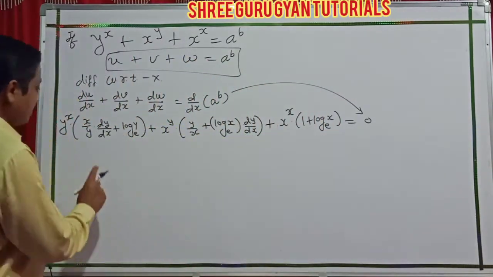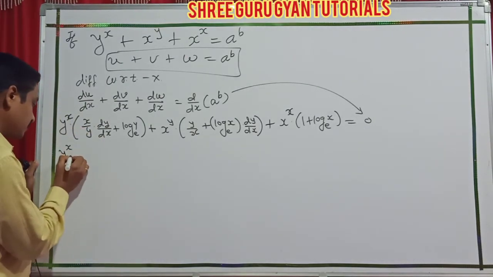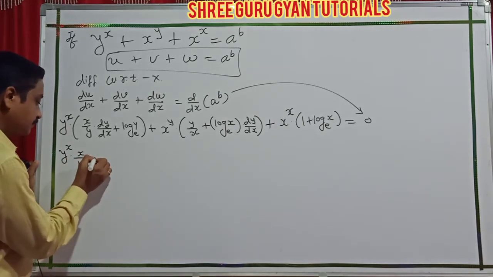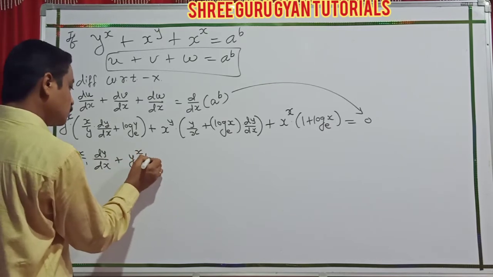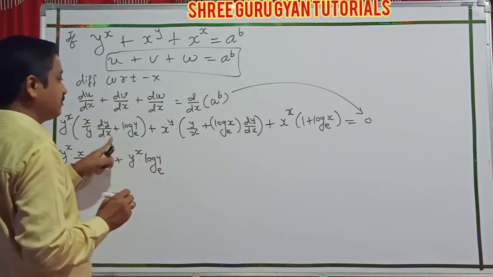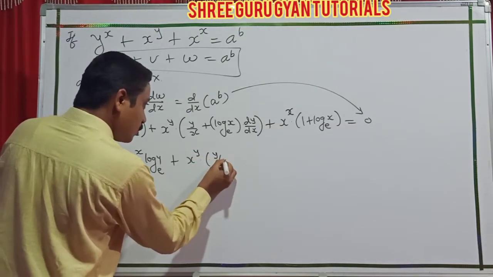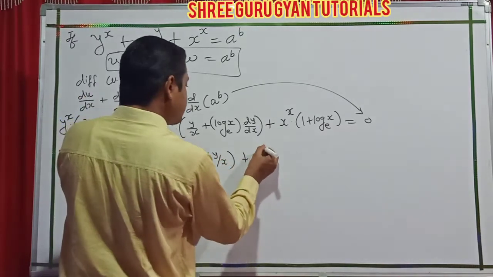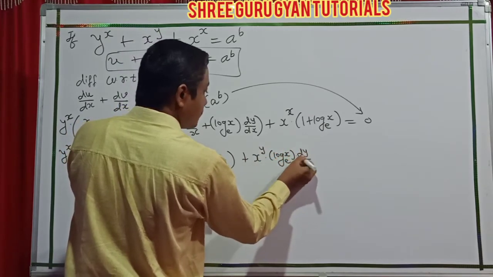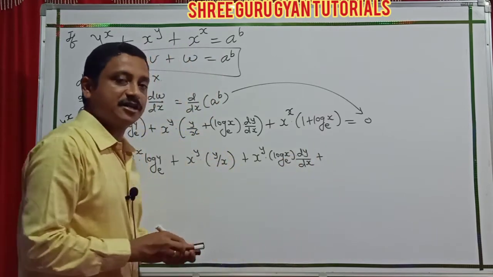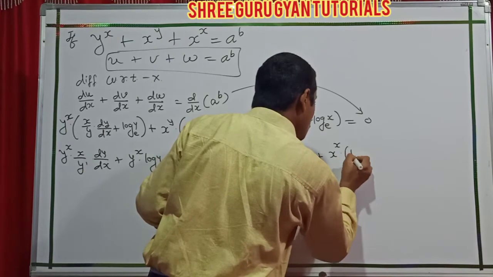So students, this dy by dx is my target, but these are the products. Y raised to x, x by y raised to 1 plus y raised to x log y base e, because I multiply it. Here also the same multiply, x raised to y, y by x plus x raised to y log x base e dy by dx, and the last case the same is x raised to x (1 plus log x base e).